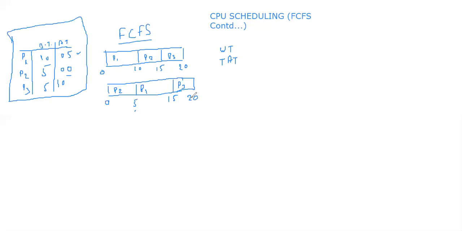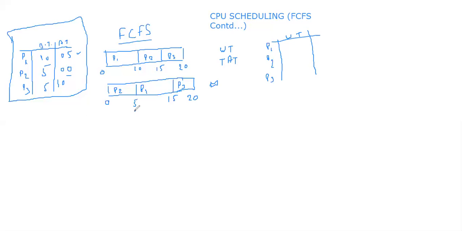So what will be the waiting time and turnaround time for this scenario? Let's pick the waiting time and turnaround time for P1, P2, and P3. Waiting time means how much time the process has waited.